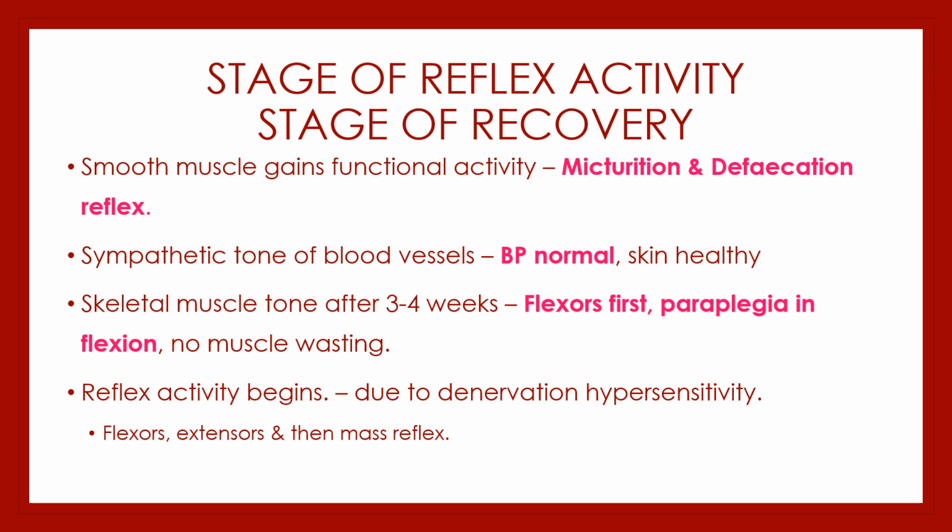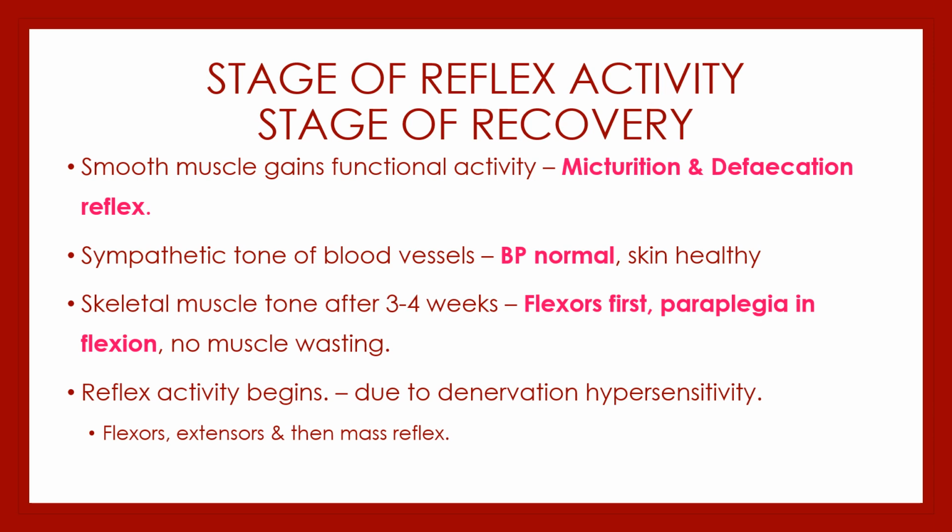The skin, which was earlier dry and scaly, now starts sweating and becomes healthier. Even the wet sores start healing. Then the skeletal muscle tone recovers a bit slowly after 3 to 4 weeks. The recovery of muscle tone is reflex in character and is produced by the impulses that enter the spinal cord from the muscles.